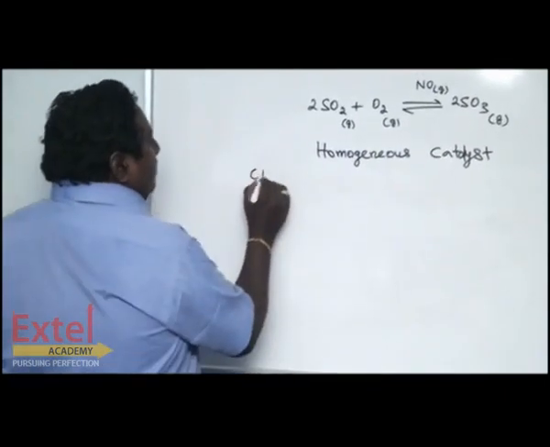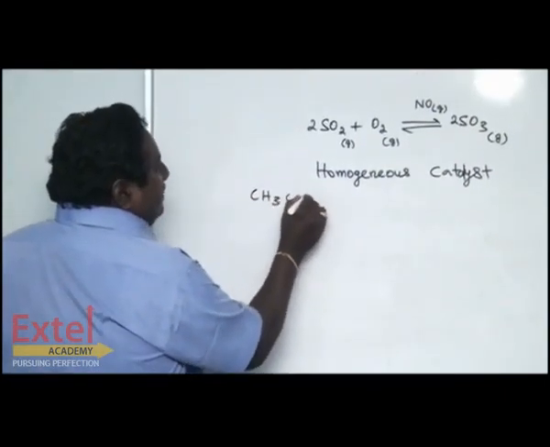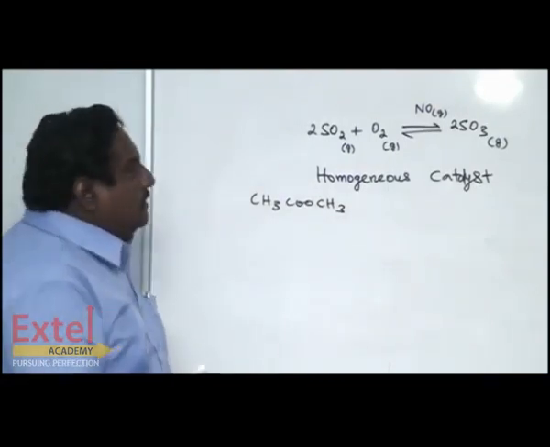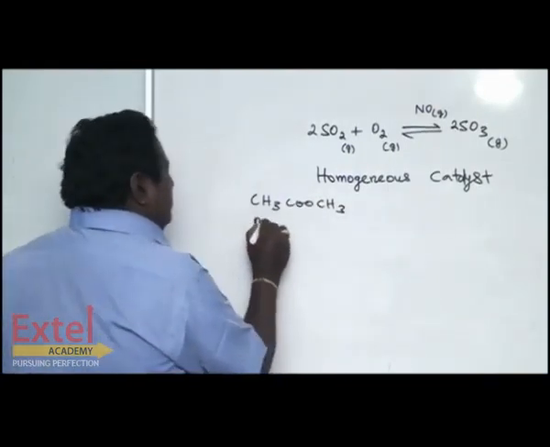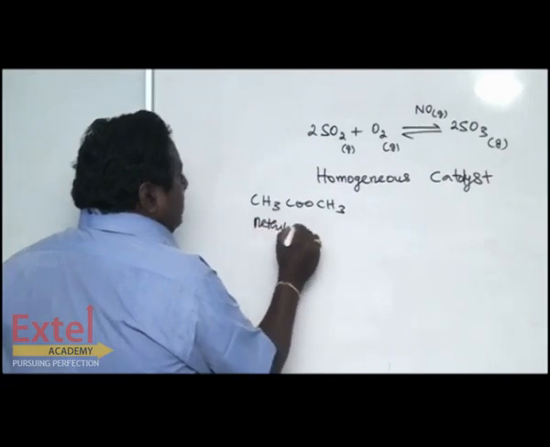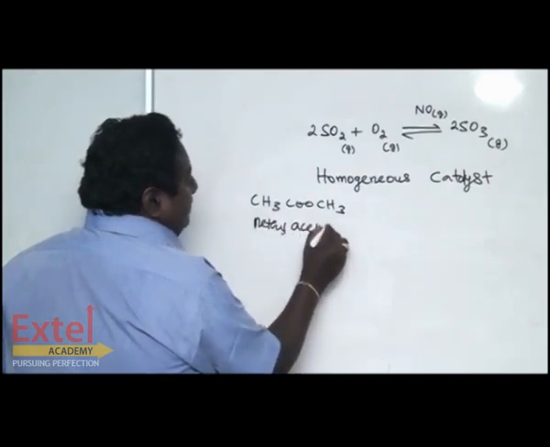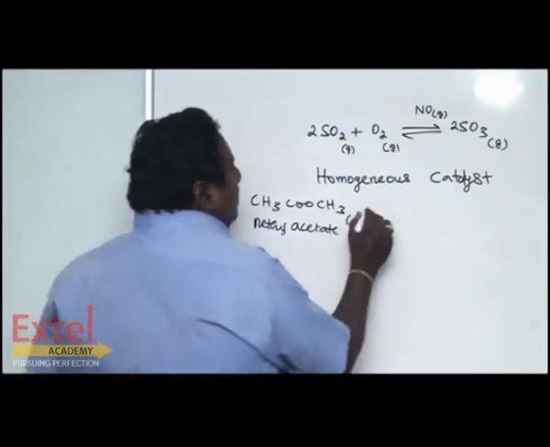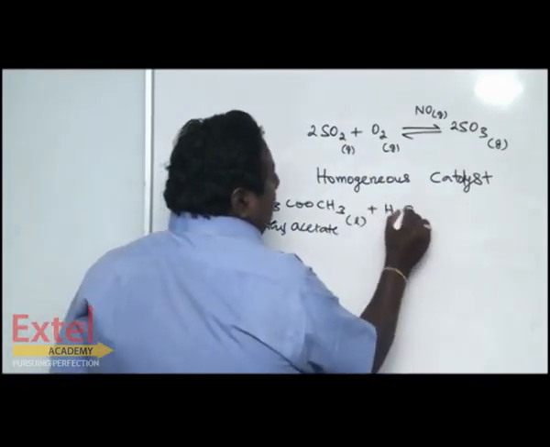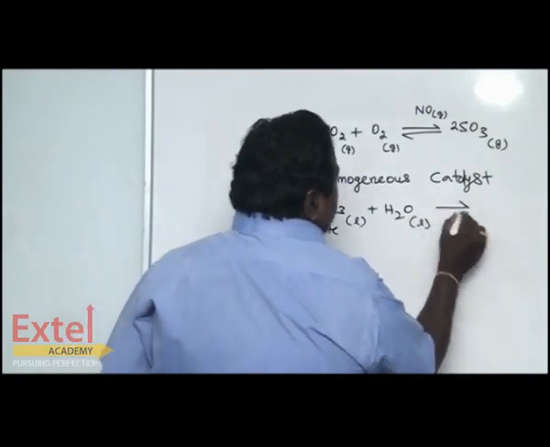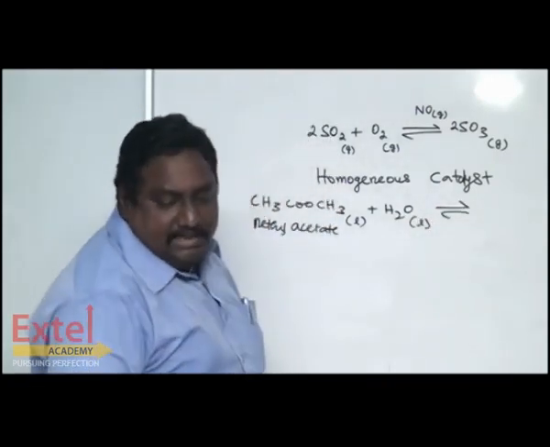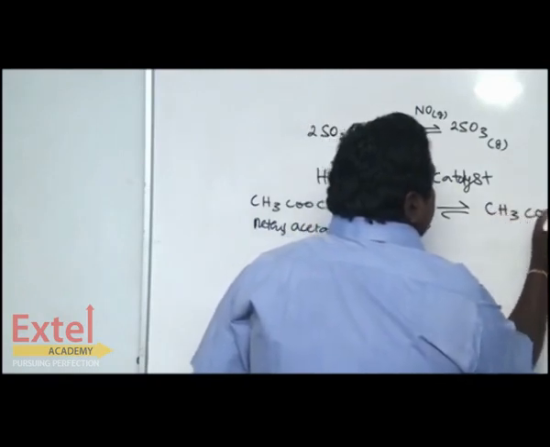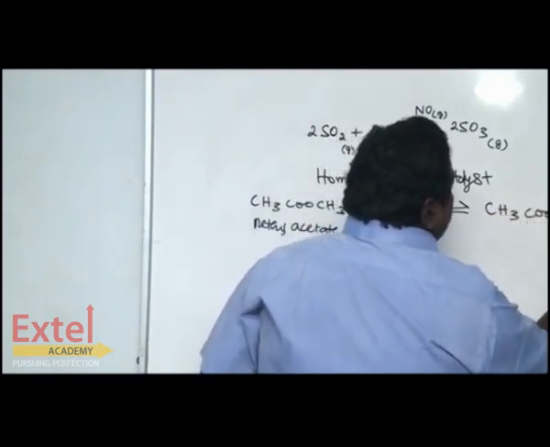For example, this one is an ester, methyl acetate. It's a liquid. When it is treated with water, which is also a liquid, you get acetic acid and methyl alcohol.